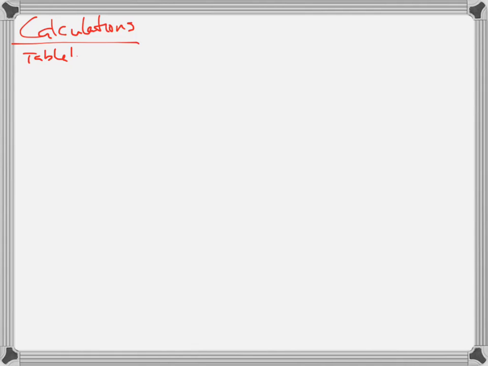So we would get table 1 for part A. Your table would have some fancy title on top of it describing what that table shows. We would have within that table experiment, well, let's call it trial.